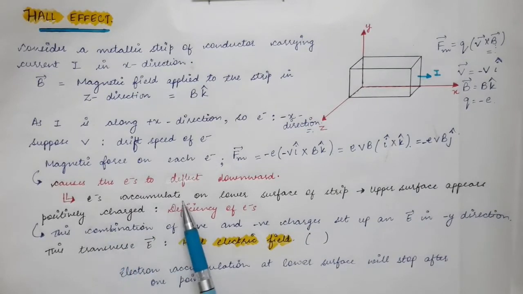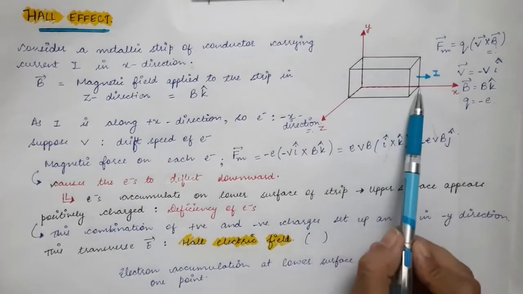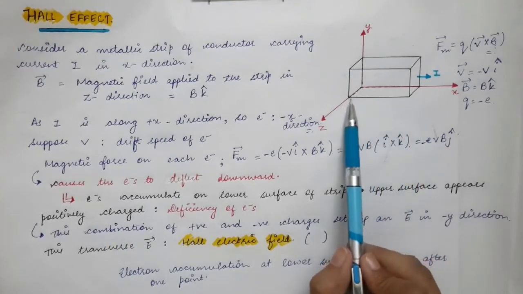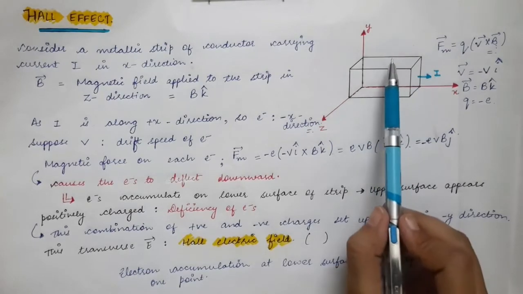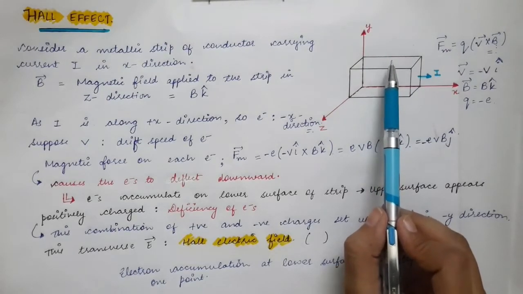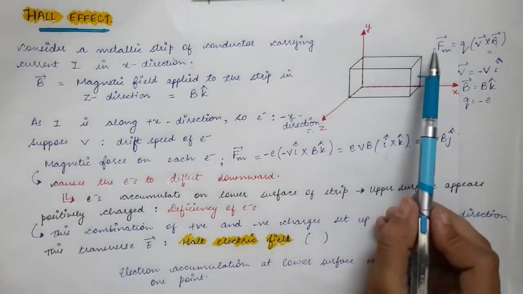So electrons accumulate on the lower surface of the strip. So they will get accumulated on the lower surface, means the lower surface will become negatively charged. And the upper surface, where there is deficiency of electrons, will appear positively charged.